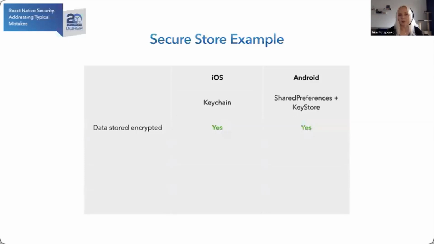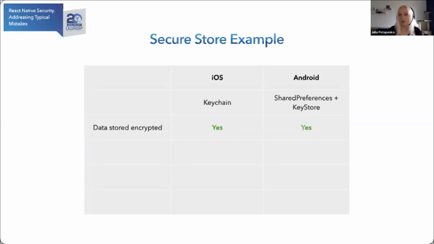It is a library from Expo that claims that it stores data encrypted. And well, that is true. It uses keychain on iOS that is an encrypted storage. And for Android, it uses key store to create a key. Then it encrypts the data with this key and stores it in shared preferences regular storage.